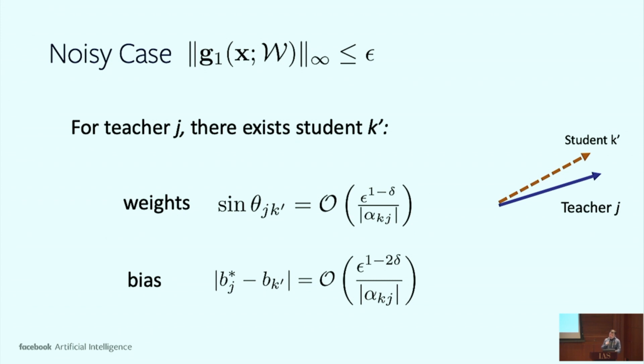The approximate alignment is shown by showing that there exists a student sufficiently close to the teacher, with the angle on the order of epsilon to the power of 1 over delta, and the bias is also small with respect to epsilon. If epsilon is small, then these go to 0 and there is perfect alignment. I'm going to show some of the details of the proof if people are interested.